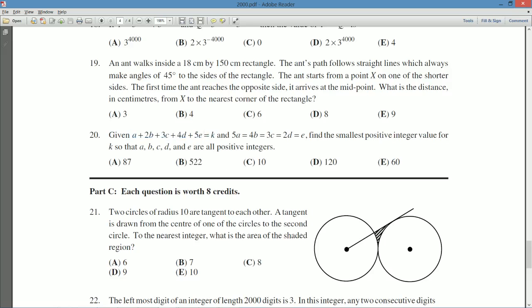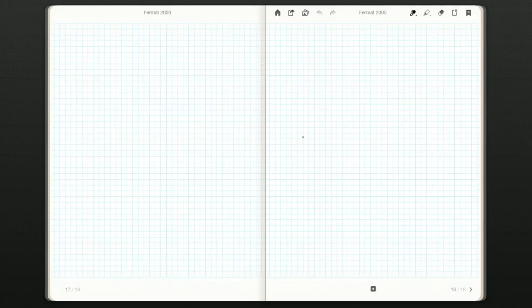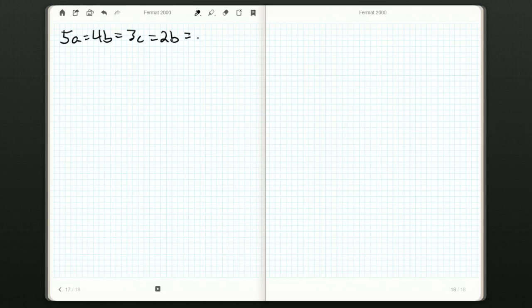Alright, so I'm just going to pick one. Let's get everything in terms of E. We'll see where that gets us. So, we're told 5A is equal to 4B is equal to 3C is equal to 2D is equal to E. Now what did I say?